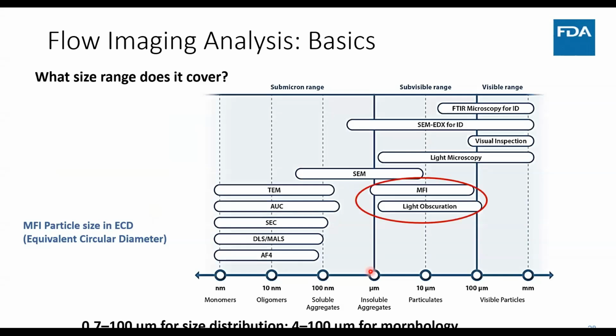In terms of size range, we're looking at quite a similar size range as we talked about for light obscuration, from about 1 micron to as high as about 300 micrometers. For morphology classification, we're looking at lowest particle morphology of about 4 or 5 micron. Our particle size is the equivalent circular diameter for flow imaging analysis.